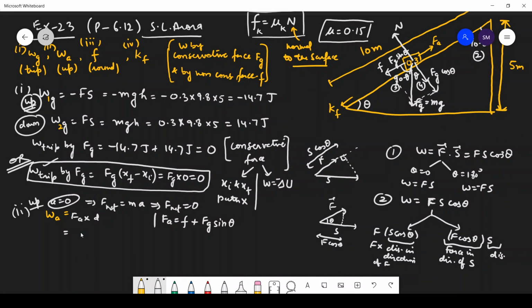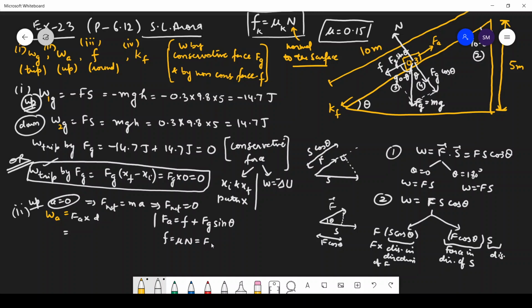Now, so this is the force. So what is F equals to? F equals to, this is another good question. What is F equals to? So F equals to coefficient of friction into the normal force. Here the normal force is equals to Fg cos theta, right?